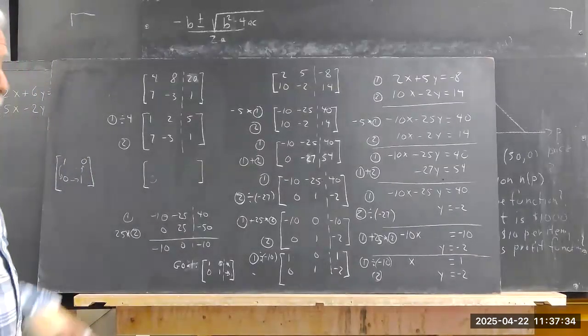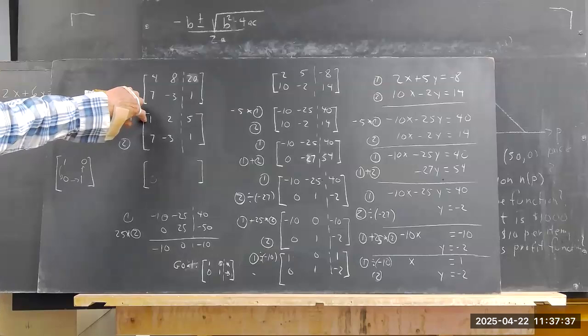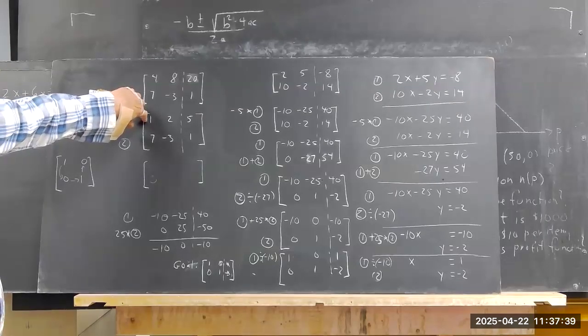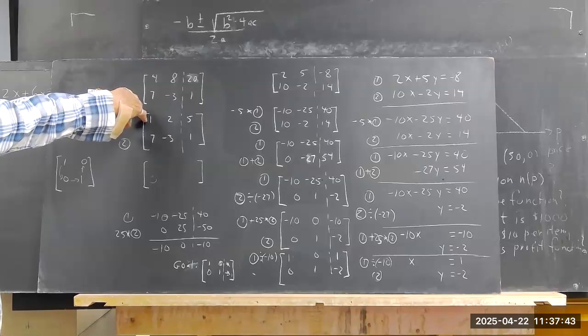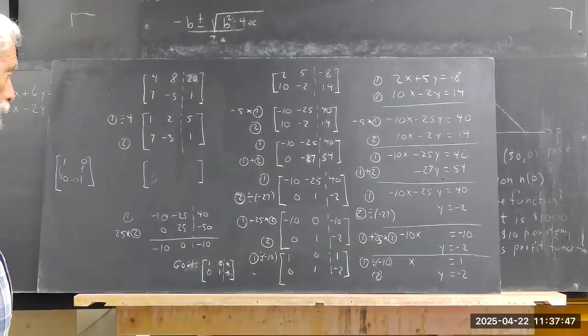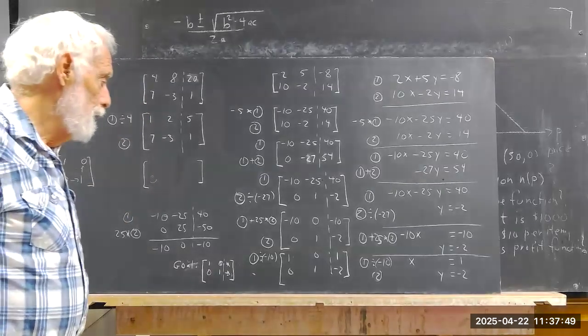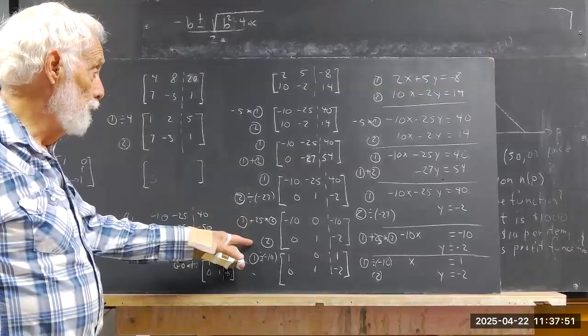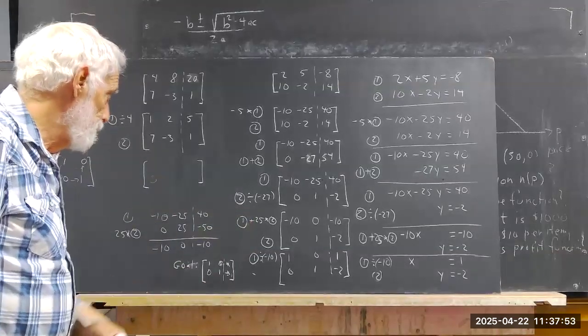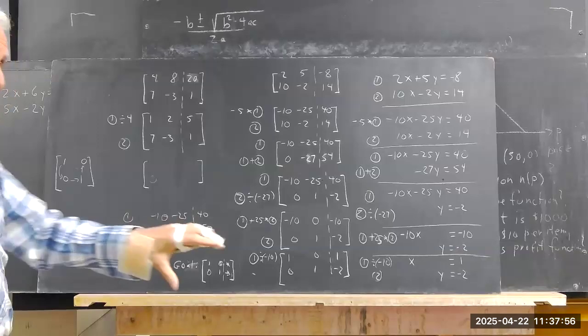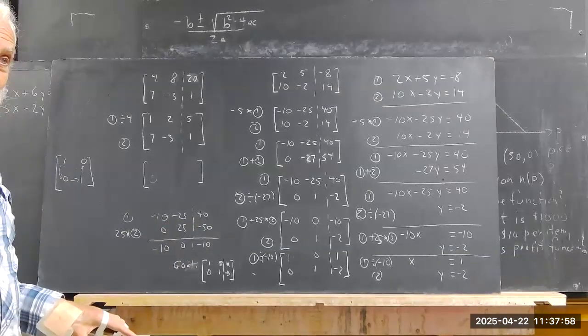Another thing, you've already got the 1 here, so you don't want to multiply this row by anything or divide it, because you don't want to mess up that 1. And remember also, when I added a multiple of one row to another down here, I did it off to the side, somewhere else.